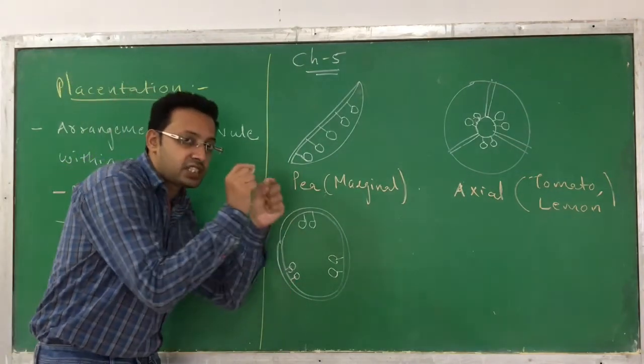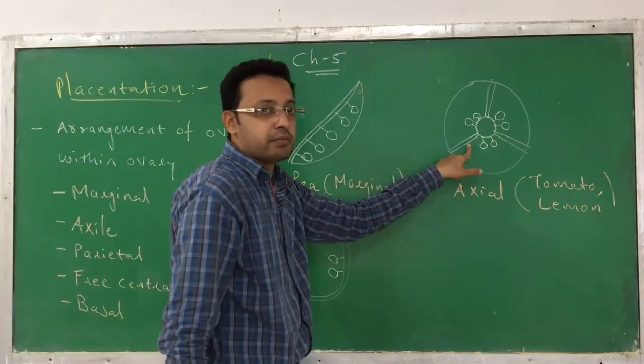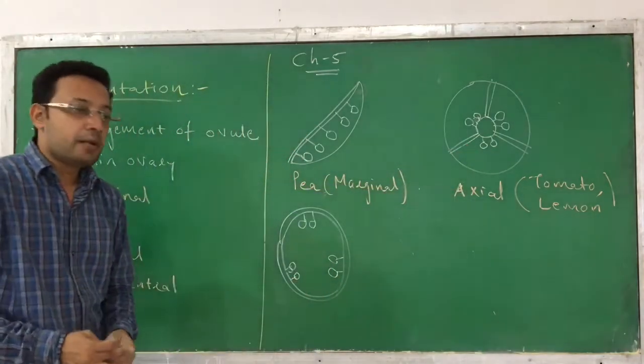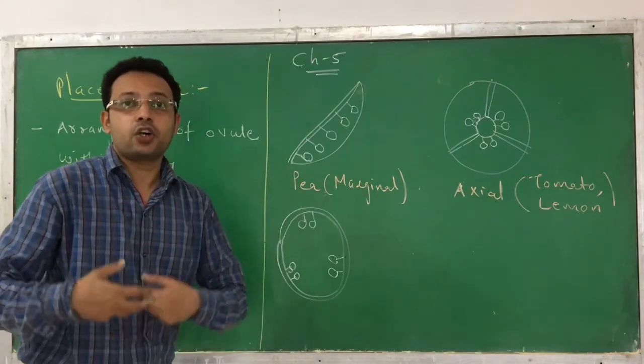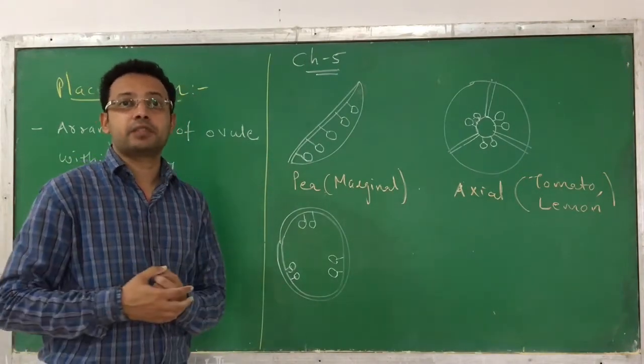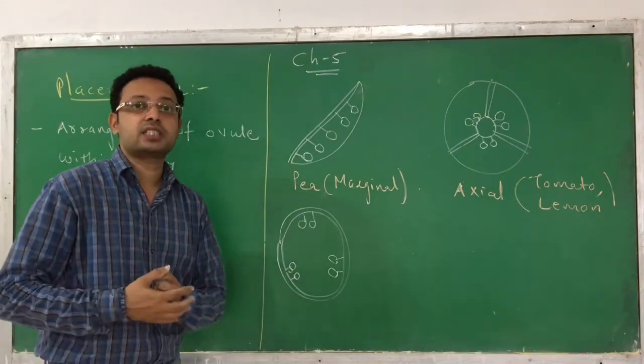Here actually there are no locules and no septum, but due to the presence of ovules, it appears like a false septum. Actually there is no septum, but it looks like a false septum here.